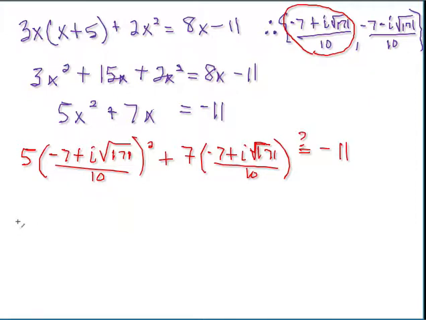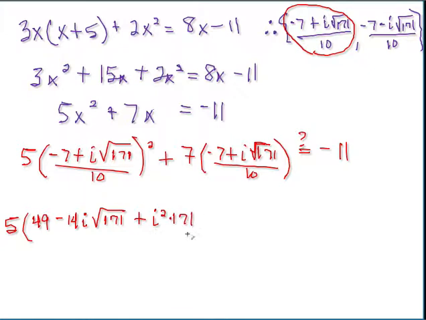I believe it is. All right, so we get 5 here, and now I'm going to square this binomial. Negative 7 times negative 7 is 49. I'm just squaring this binomial, right? I take the first and the last and double it, so I get minus 14i times radical 171, and then plus i squared times 171.